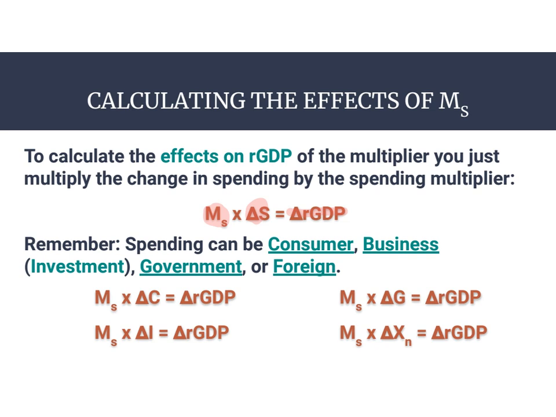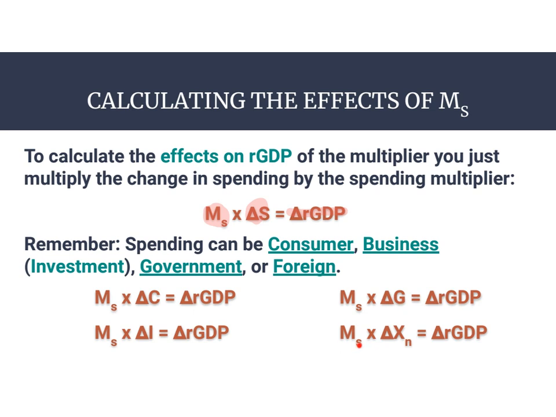Remember, this change in spending can be either consumer spending, business spending, government spending, foreign spending, any kind of spending. So the formula could also be written like this: the spending multiplier times the change in consumption, or consumer spending, equals a change in real GDP. The spending multiplier times the change in investment spending is going to result in a change in real GDP. Over here we have the spending multiplier times government spending equals a change in real GDP.